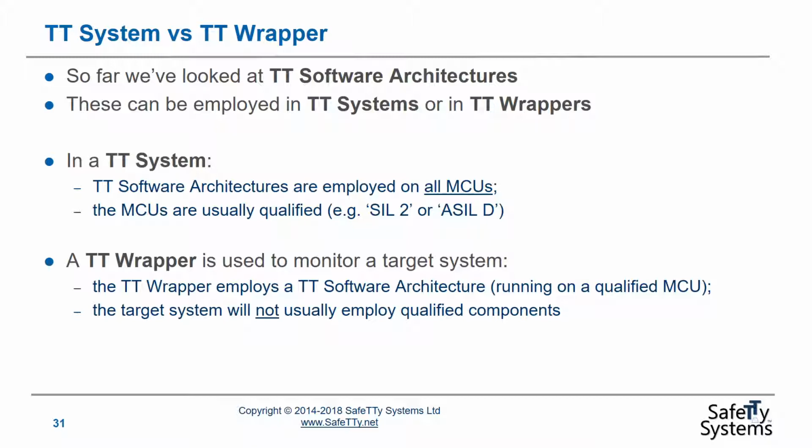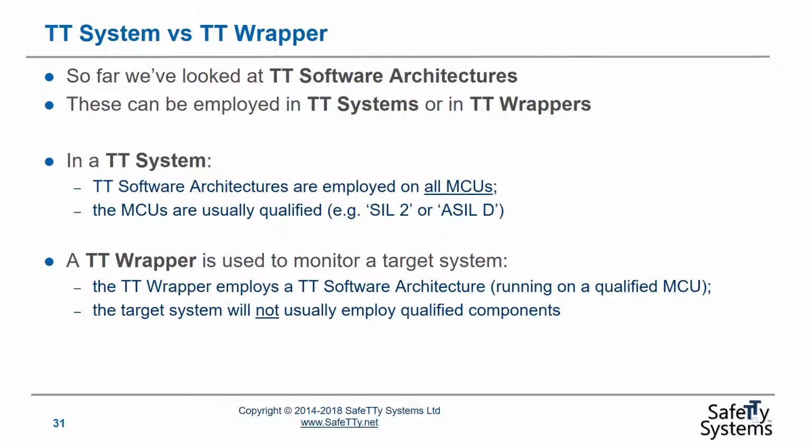In a TT system, a TT software architecture is employed in all MCUs, all of the microcontrollers. And the microcontrollers will usually be qualified. For example, they might be SIL2 qualified or ASIL-D qualified. Sometimes this is expressed as SIL2 ready or ASIL-D ready, for example. So that's a TT system. Everything is time triggered.